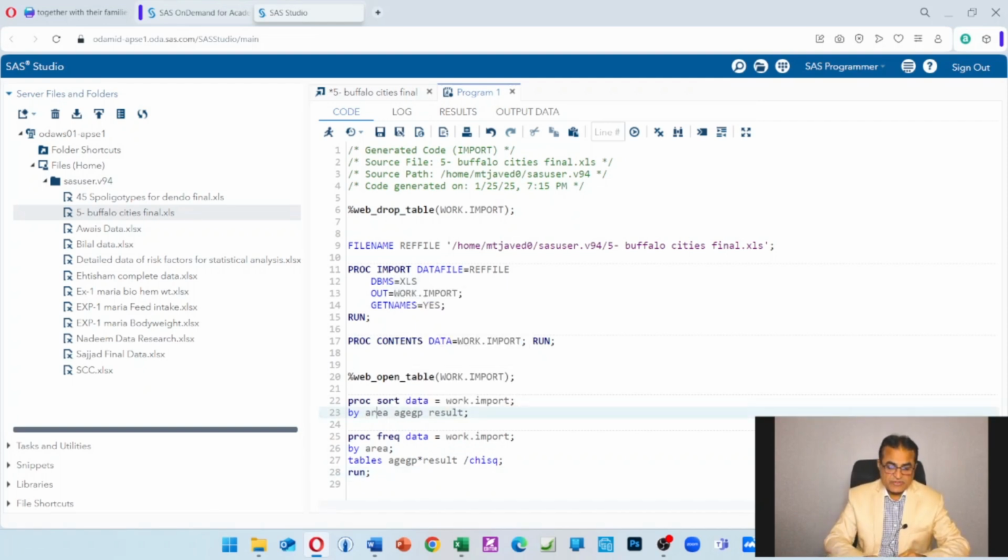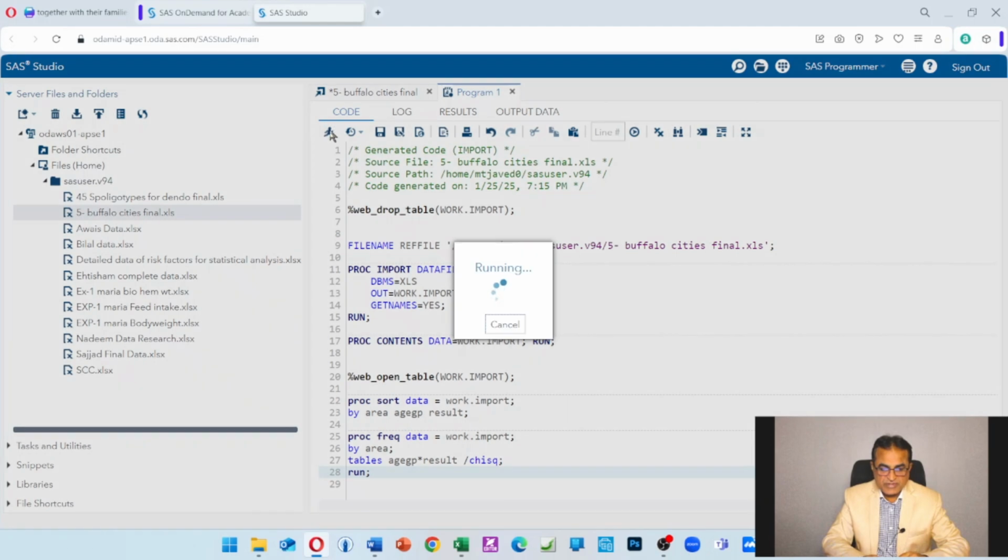Now you need to sort the data according to area also, and then you can put the by variable to see whether the age group differences were significant or non-significant in one city or the second city. So this will generate those tables.